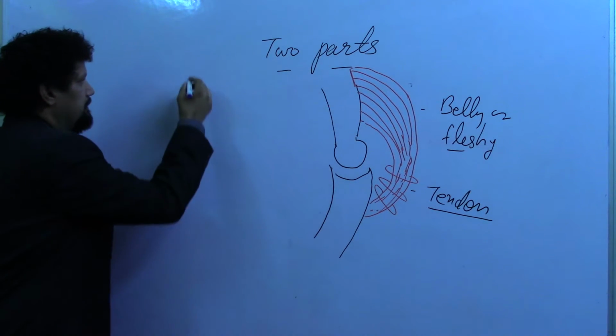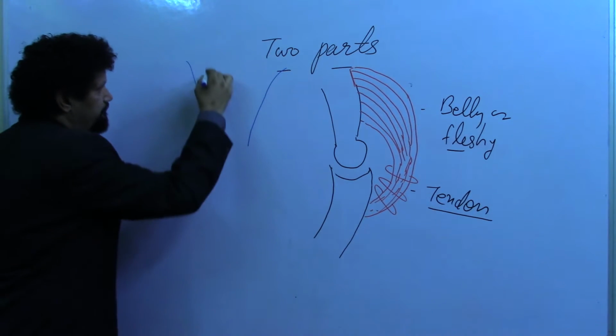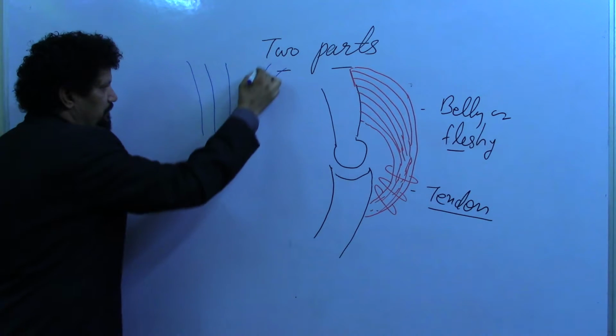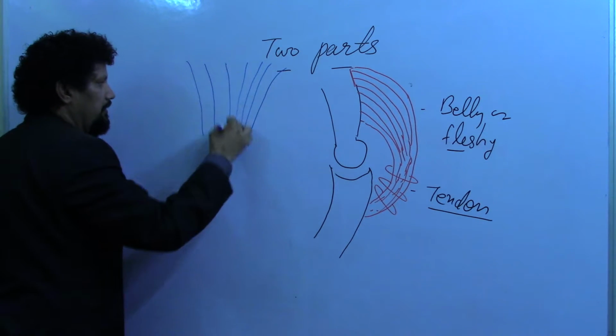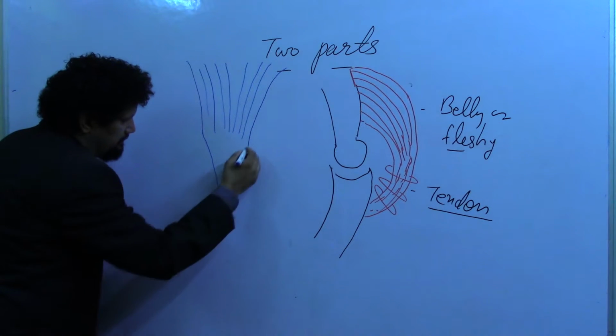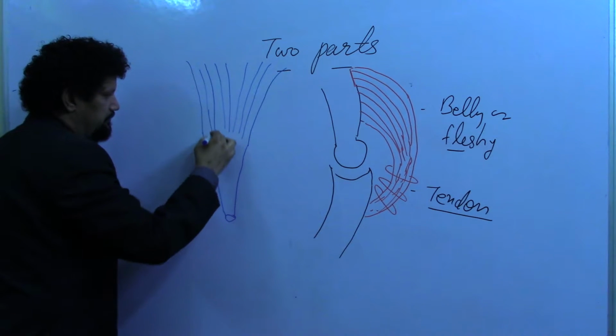So here is the fleshy part of the muscle. These are the muscle fibers and fasciculus, and this is the rope-like or cord-like part of the muscle.